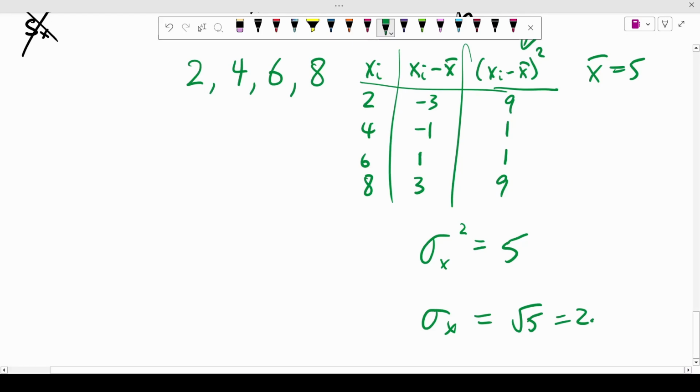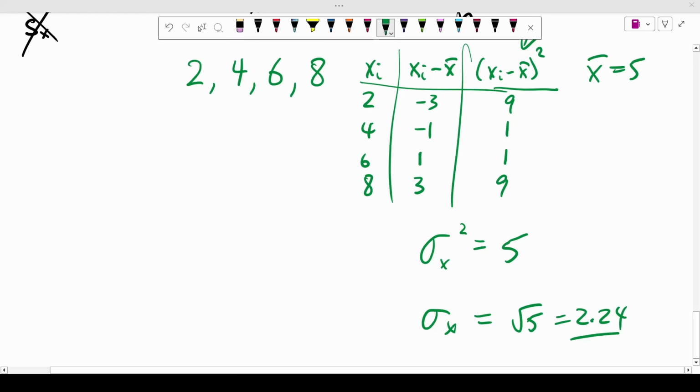Yeah, 2.24 to 3 sig figs. Notice that we actually put a squared on the variance, and square rooting it gets rid of that squared. So that's actually not just notation, but it's also mathematically sound. It is like an exponent, really. We're squaring the standard deviation.